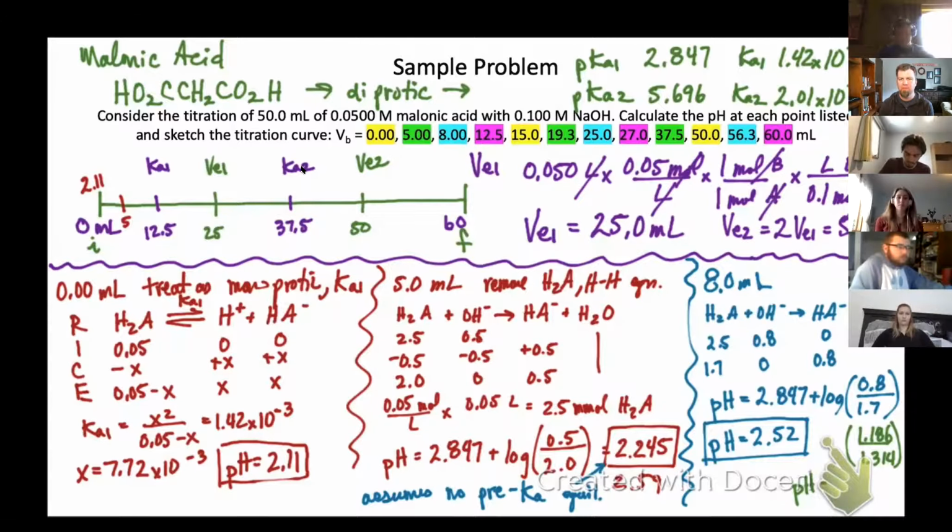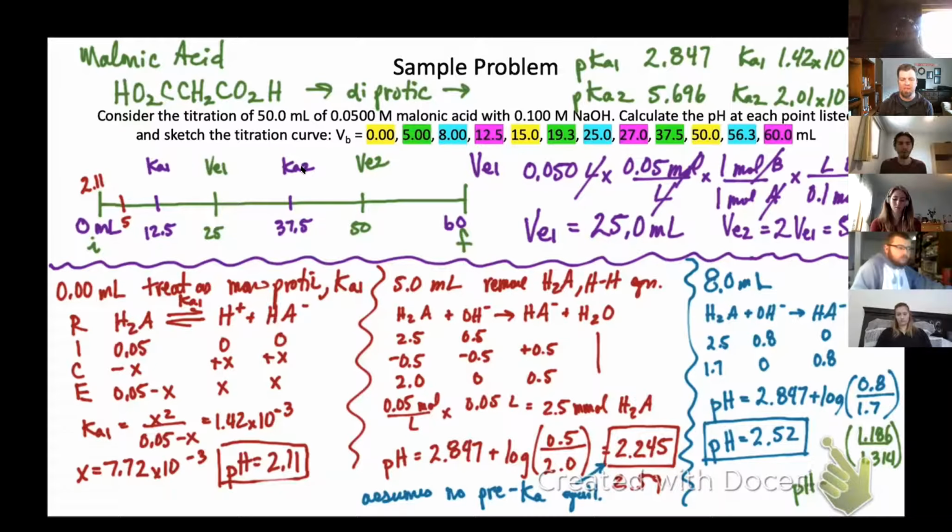So I brought the screen back up for these so that we can take a look back at them. It's a matter of now, rather than having our base be the smaller value on top and our acid be the larger value on the bottom, those flip-flop. We end up starting in that log quotient, we end up having more base than we do acid after the pKa, but before the equivalence volume.